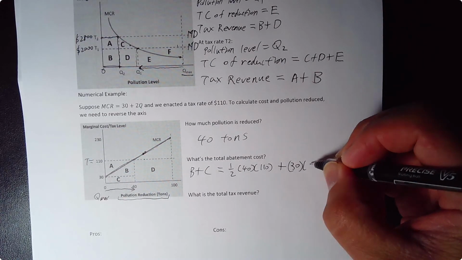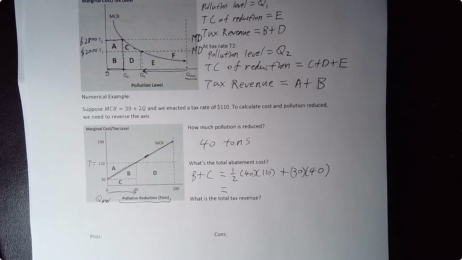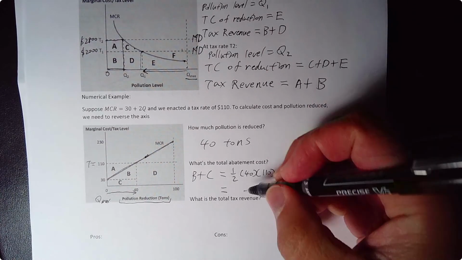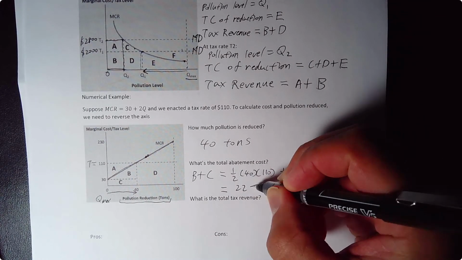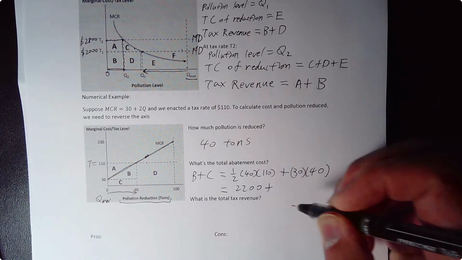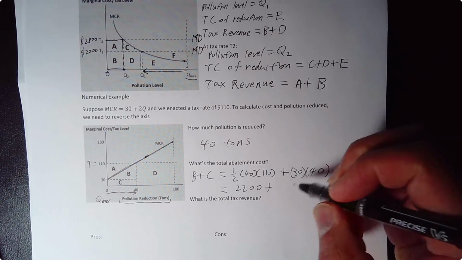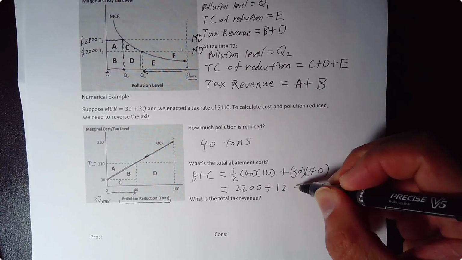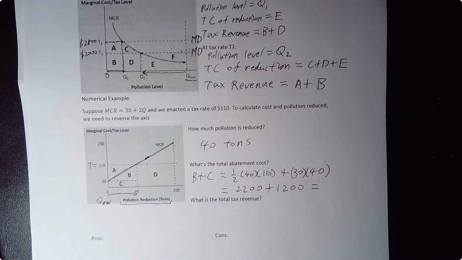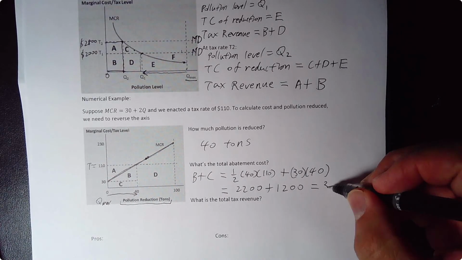Let's calculate that. So this will be 2200 plus 30 times 40, which is 1200. So together, 3400. Okay, so that is the total abatement cost.